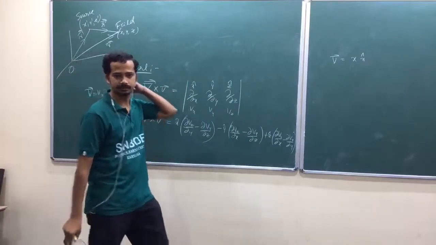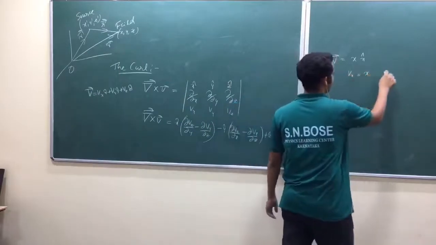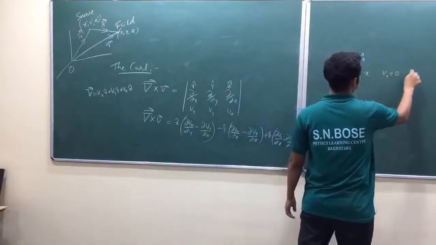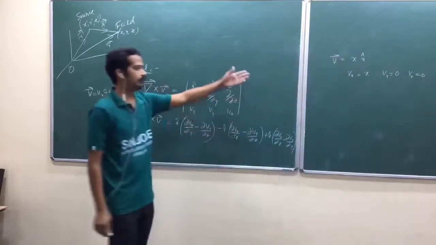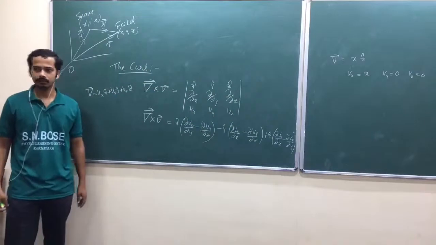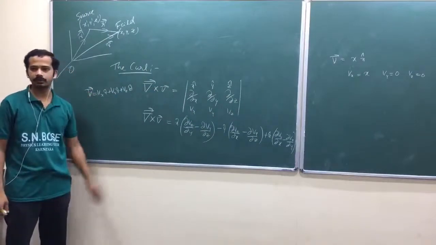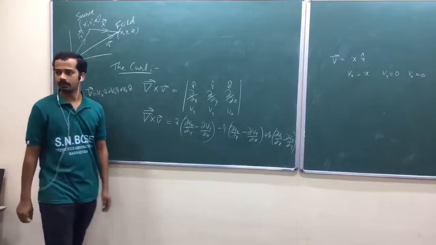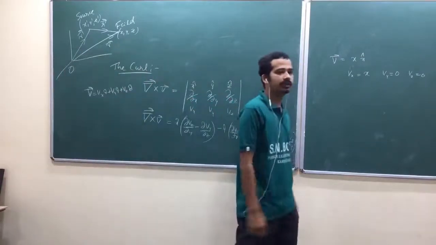What is Vx? x. What is Vy? Vz equal to 0. Am I right? You will never have ∂Vx/∂x. You only have ∂Vx/∂z, ∂Vx/∂y. Obviously, it is 0, isn't it? So this kind of vector field will not have any curl actually.